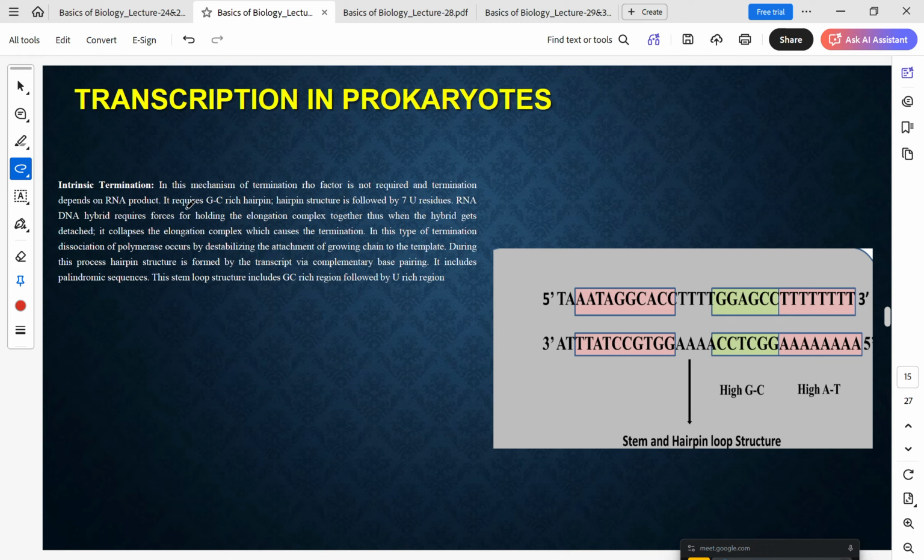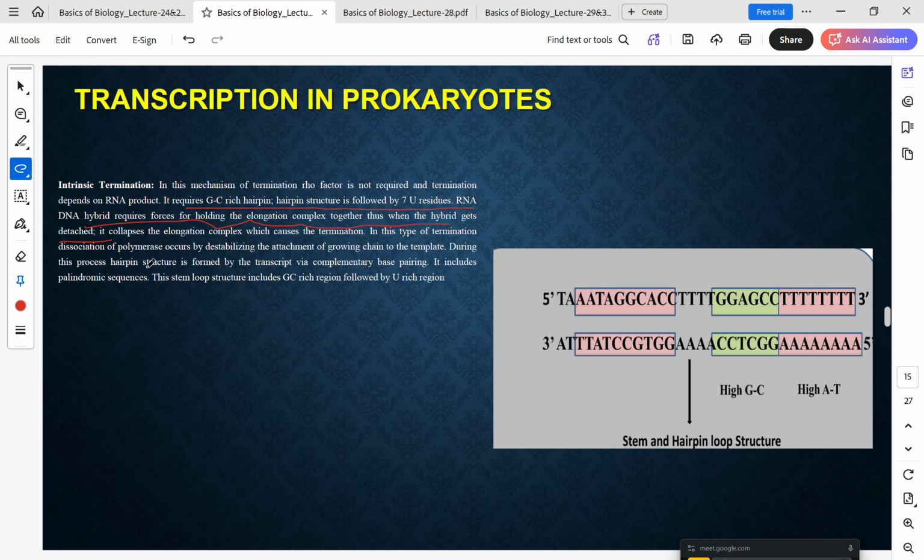It requires a GC rich hairpin structure followed by 7 U residues, in such a way that the force holding the RNA DNA hybrid in the elongation complex is weakened, the hybrid gets detached, and the elongation complex collapses.